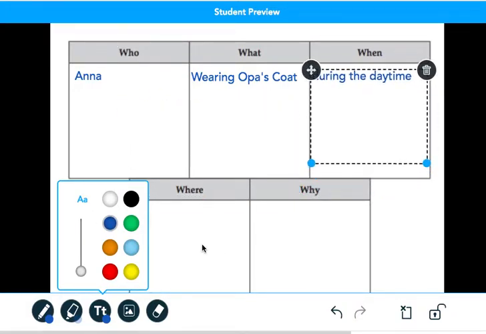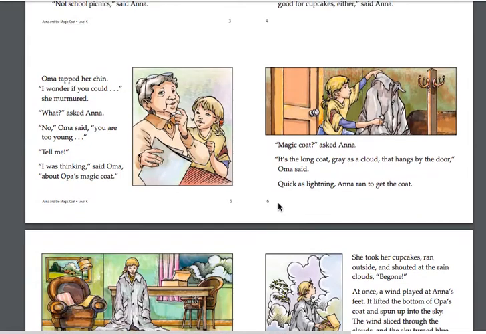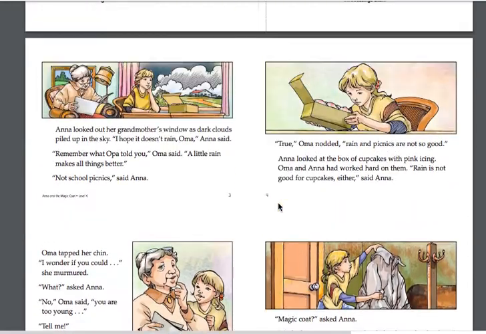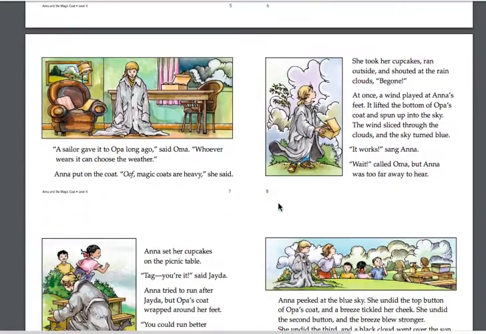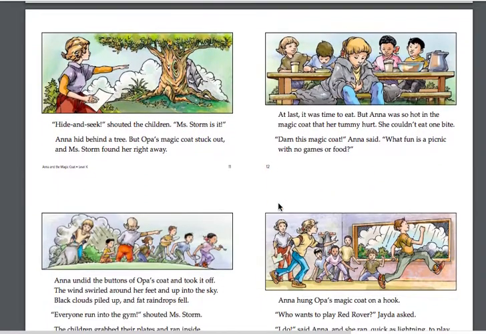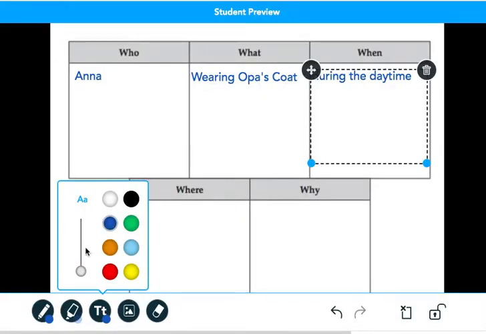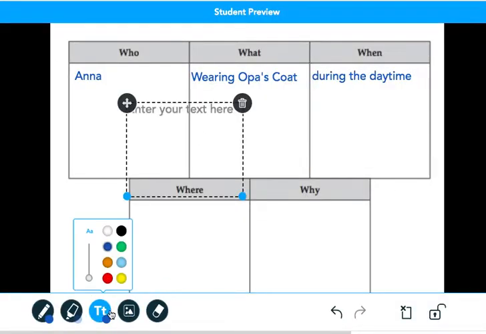All right. And then where is this happening? So that's another piece of our setting. It starts out in the house with her grandma, but then I think a lot of stuff happens more when she's at school at recess. So I'm going to say at school for that one. I'm going to click my box again.